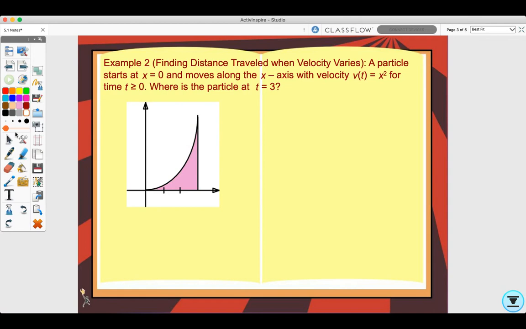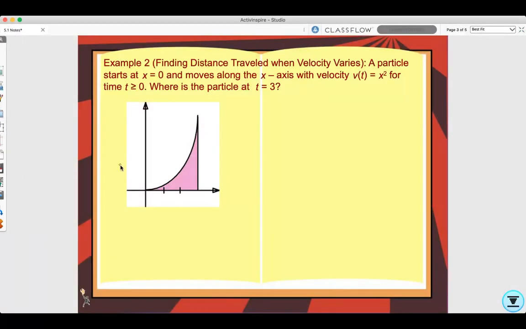Let's look at example 2. Find the distance traveled when velocity varies. A particle starts at x equals 0 and moves along the x-axis with velocity v of t equals x squared for time t greater than or equal to 0. Where is the particle at t equals 3? Well, since we don't have something that's linear, we'll have to approximate the area under the curve.